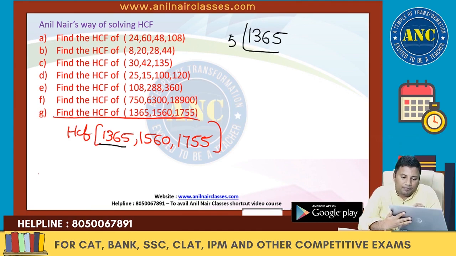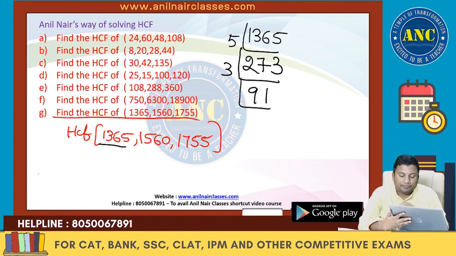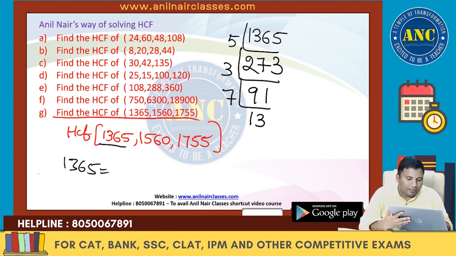Factorize the number. 5 2s are 10, 5 3s are 15... 5 7s are 35. This is 3. 3 91s are 273. 7 13s are 91. So the factors of 1365 are 5, 3, 7, 13. The highest is 13.